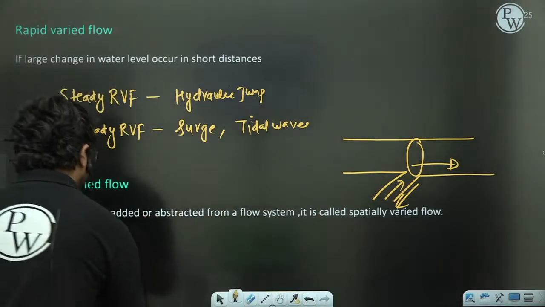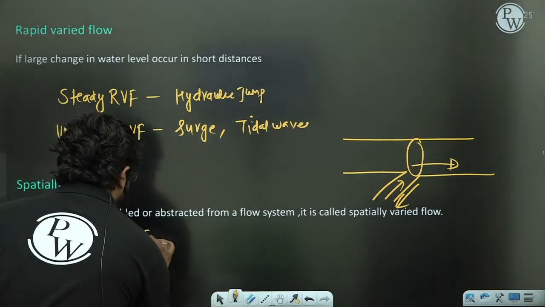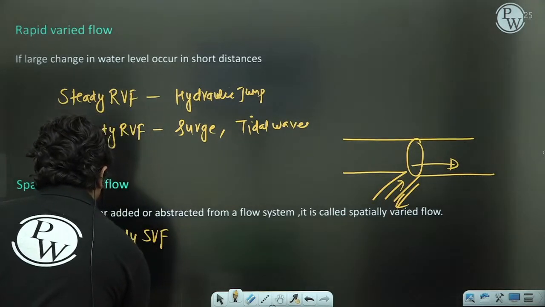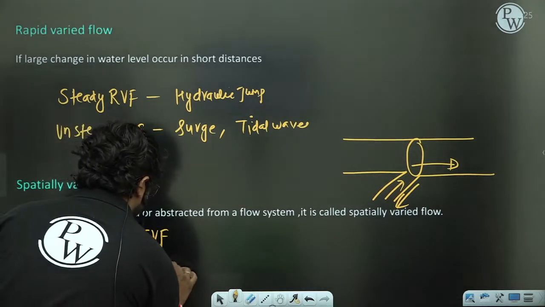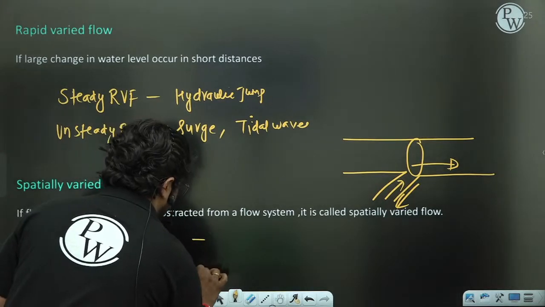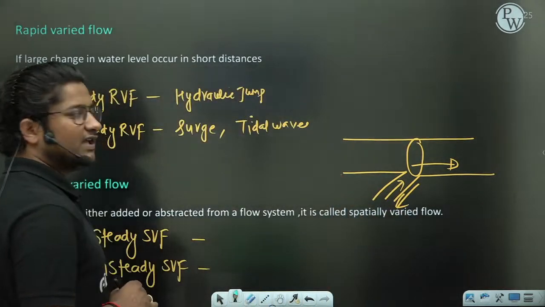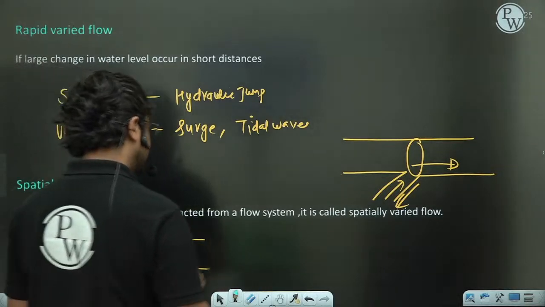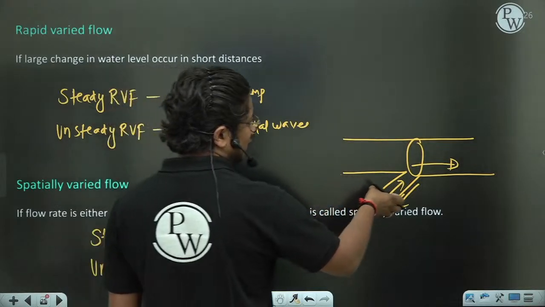Here also we have steady SVF and unsteady SVF. For steady SVF, generally steady SVF will come when a particular section is added.